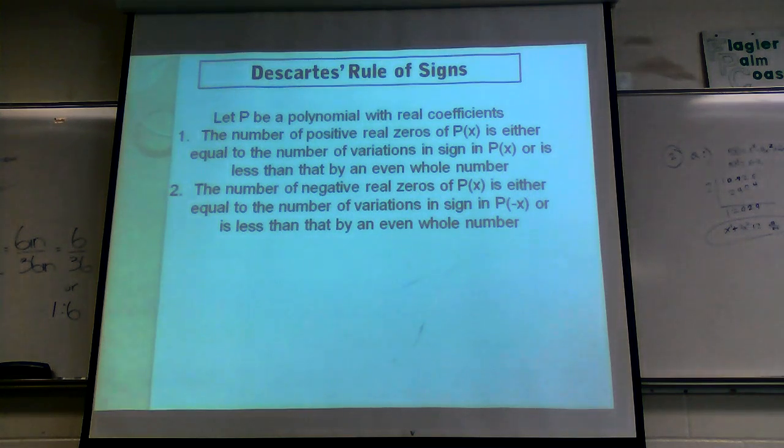So if you had 3 sign changes between the coefficients of your polynomial, that means there's a possibility of having 3 positive real zeros or 1 positive zero.